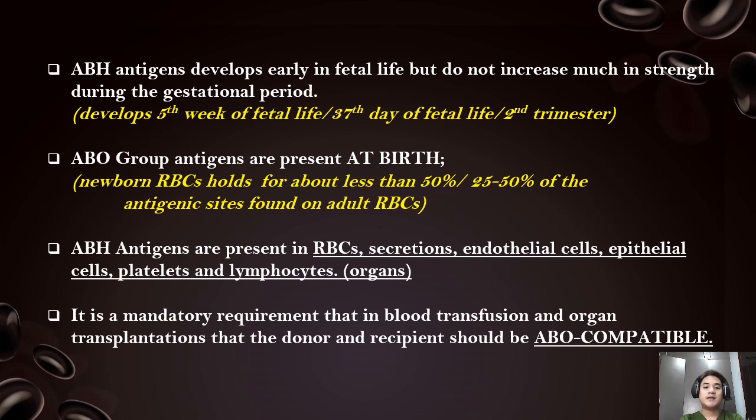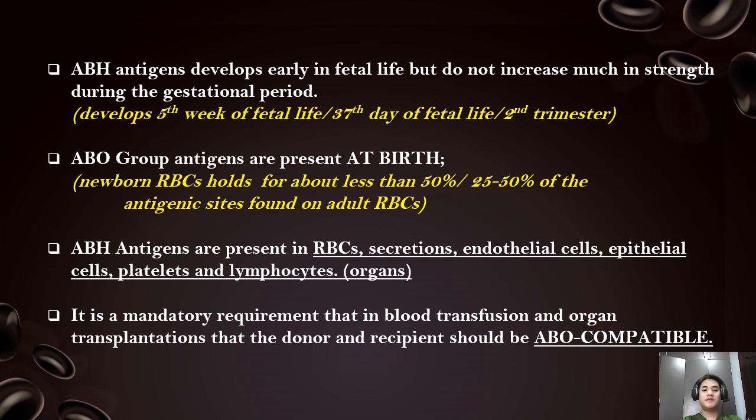So again, class, both less than 50% and 25 to 50% are correct answers. However, if it's in a board exam case, always choose the most definitive and specific choice. So in this case, if both are in separate choices, choose the less descriptive or less qualitative and more quantitative answer, which is your 25 to 50% numeric range value.